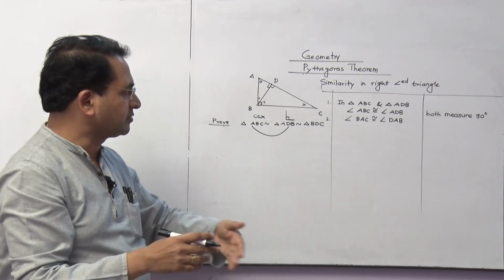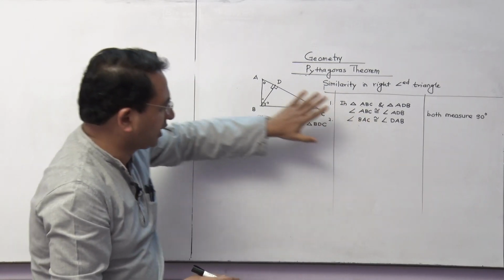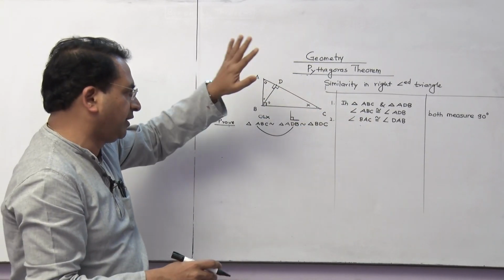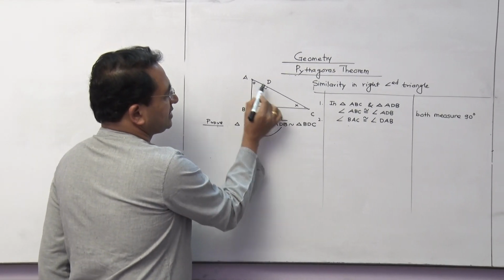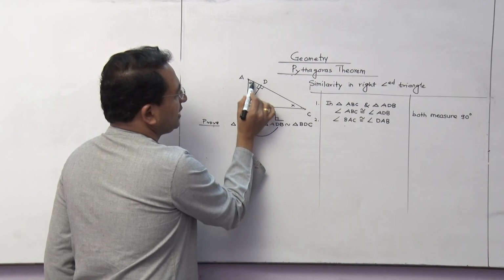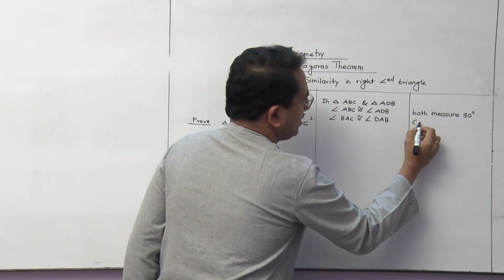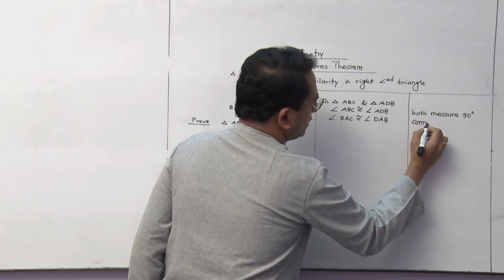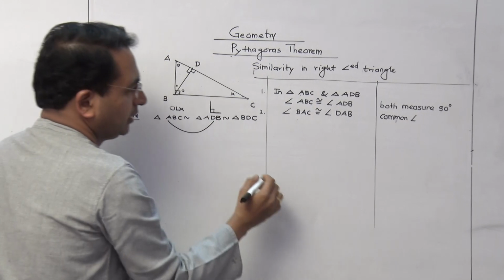Whatever my explanation you understand, accordingly you go here and then you check whether it is right. It will be definitely correct. BAC means this angle, BAC, and DAB, is it the same angle we are talking about? And the reason what you have to write here is common angle. Now the third one.